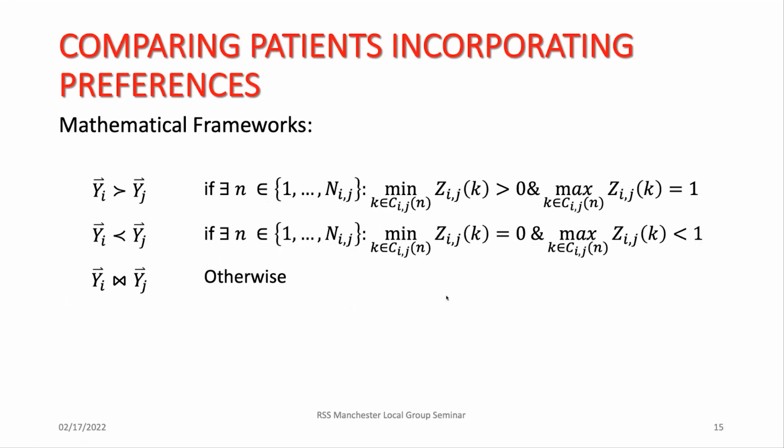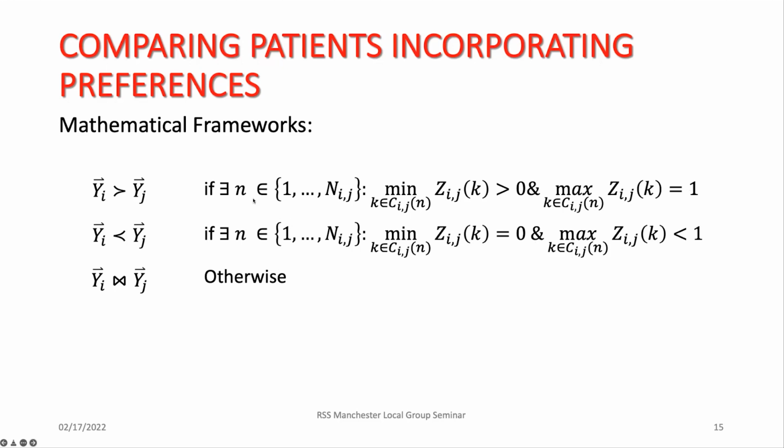By doing that, we can say patient I is better than J if there exists one of the common sets where all the marginal Z are greater than or equal to 0. In other words, none of the marginals is worse, but the maximum marginal is better, so the maximum is 1. With a similar idea, if one of them is worse but the rest are not better, then it is the other direction.